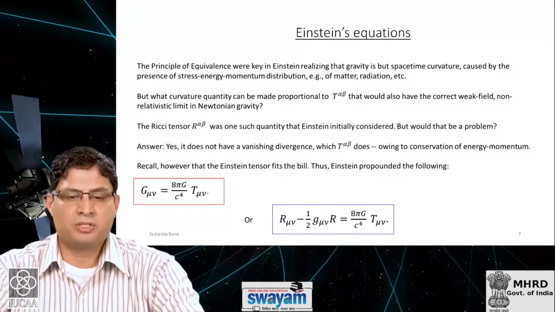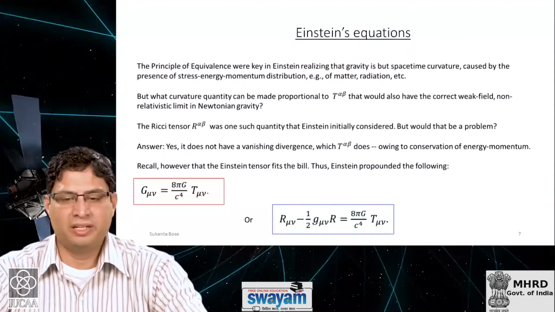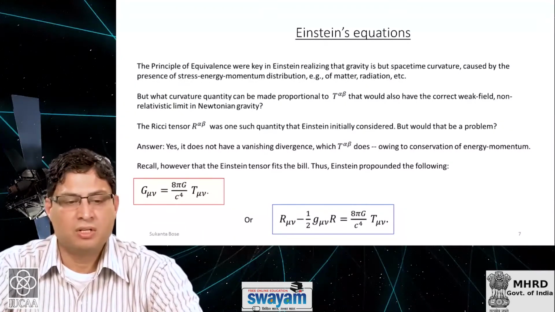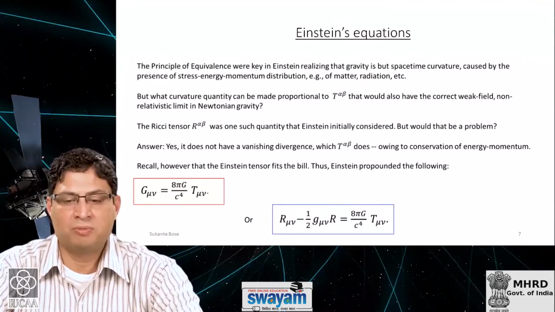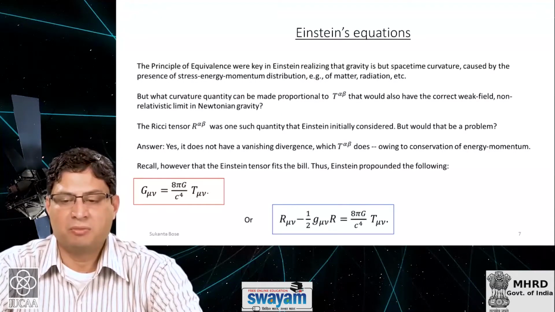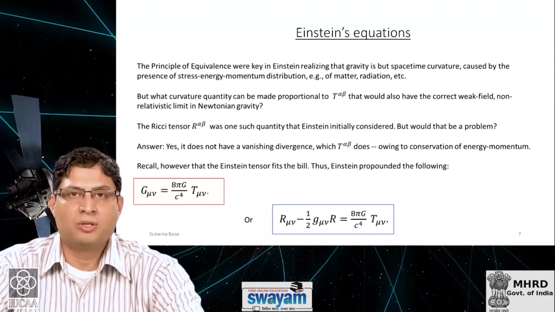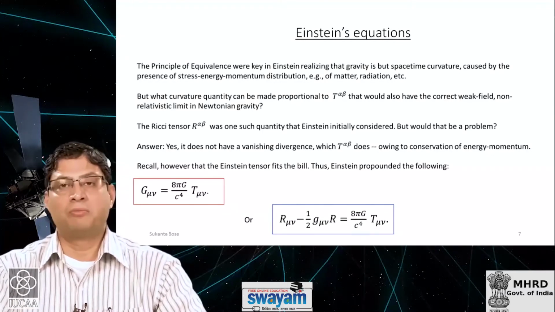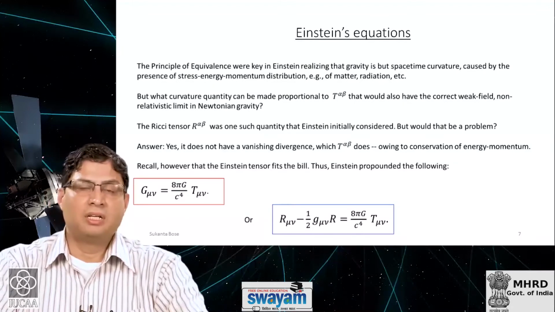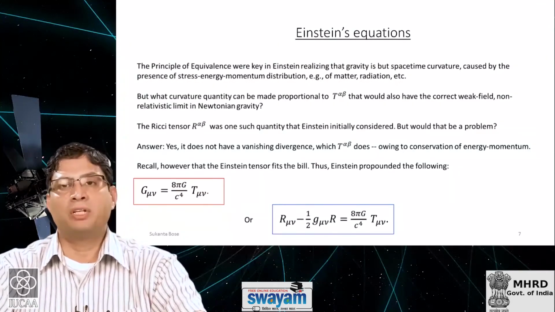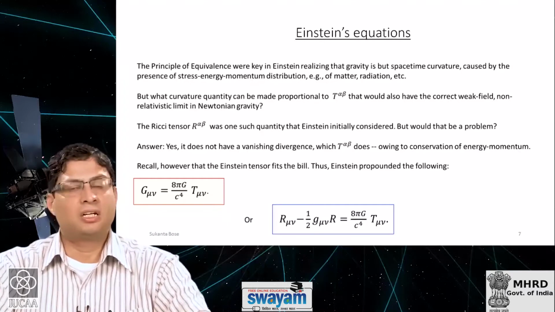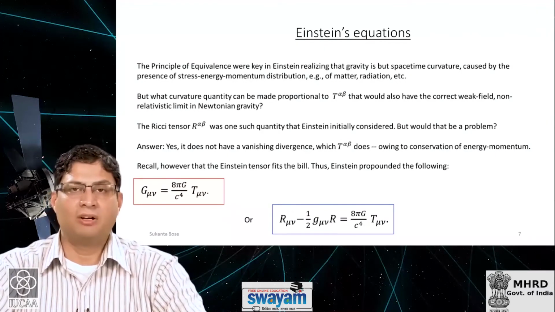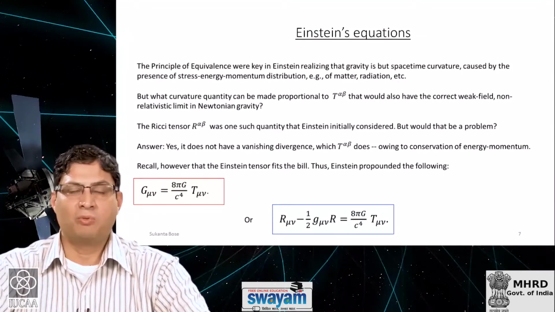So, the principle of equivalence, I should say, was key in Einstein realizing that gravity is but space-time curvature caused by the presence of stress, energy, momentum distribution, for example, matter, radiation, etc. So, the space-time is curved in our neighborhood primarily because of the sun, and if we are all falling towards the sun, the curvature doesn't care what we are made of, whether lead or carbon mostly or water.